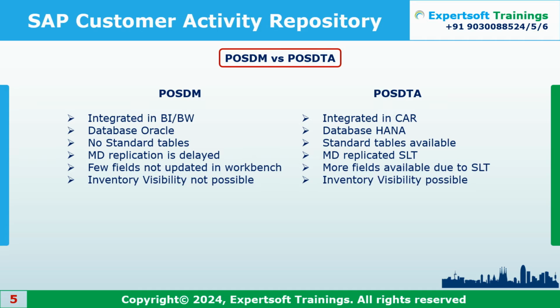You also have inventory visibility. So CAR is a full-grown system where all this information is available in standard tables, and any further troubleshooting also becomes easier.